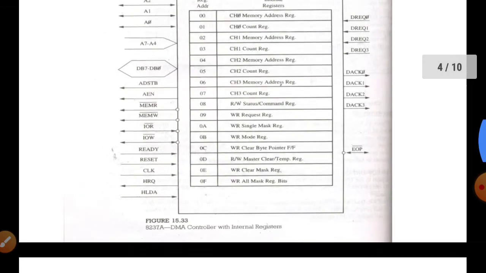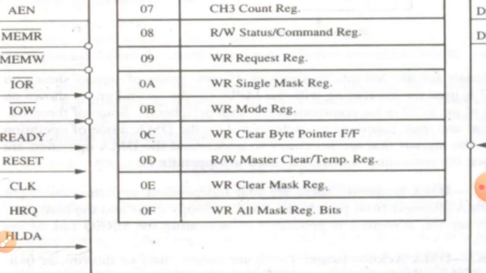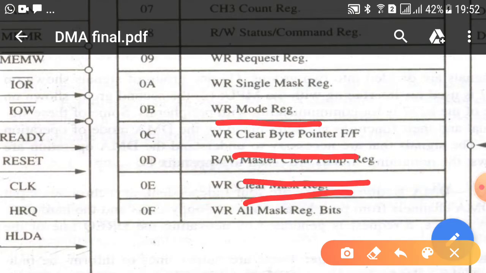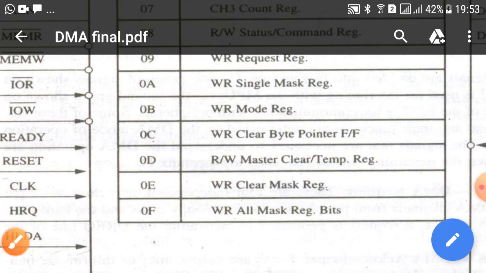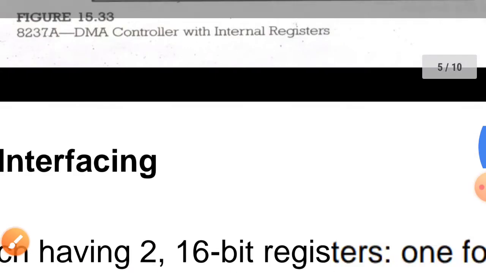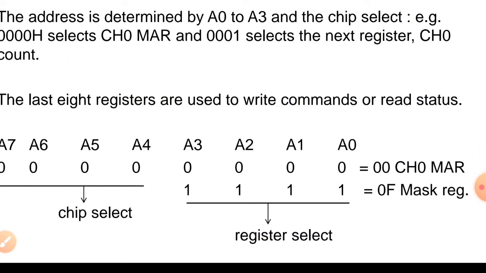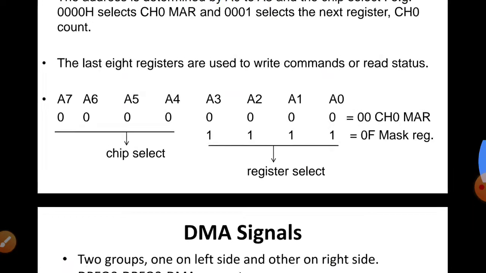Now, besides these 8 registers, there are 8 more registers available in the 8237. These registers are the status and command registers, request register, single mask register, mode register, clear byte pointer, master clear, and all mask bit. So there are 8 more registers used for different purposes, and all these registers have their individual addresses depending upon the binary pattern of A0 to A3.